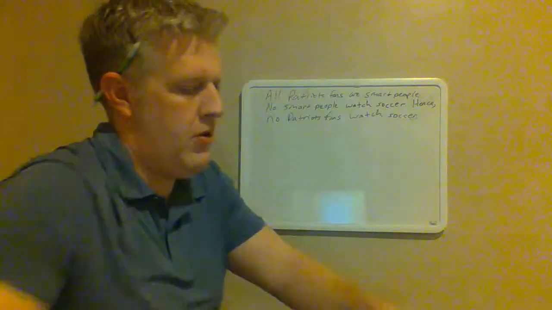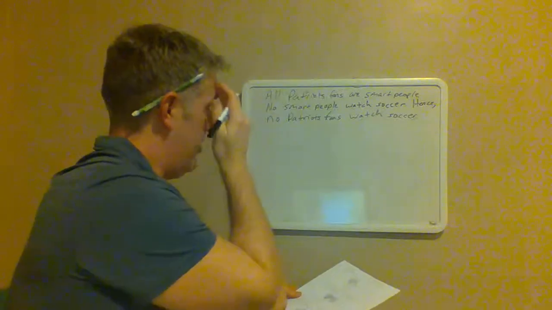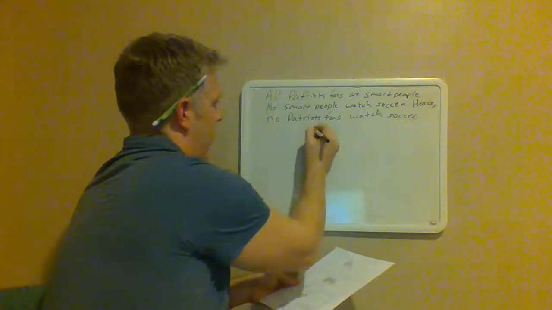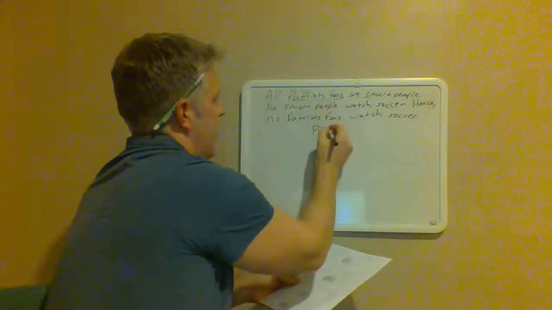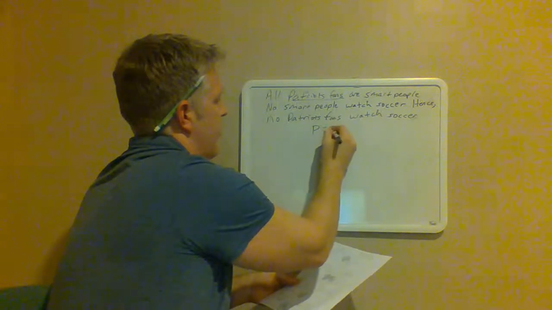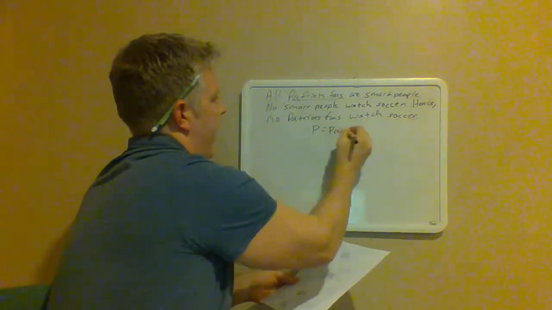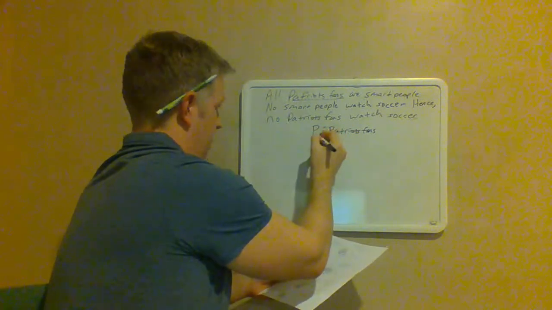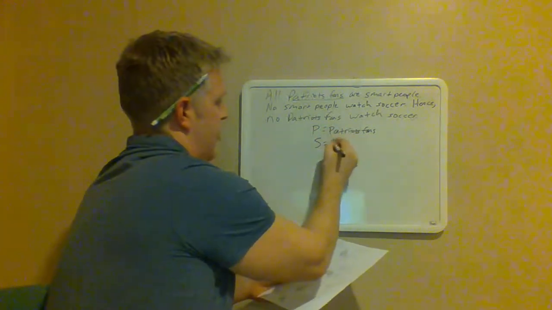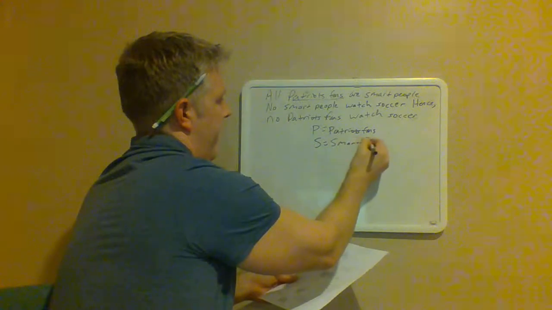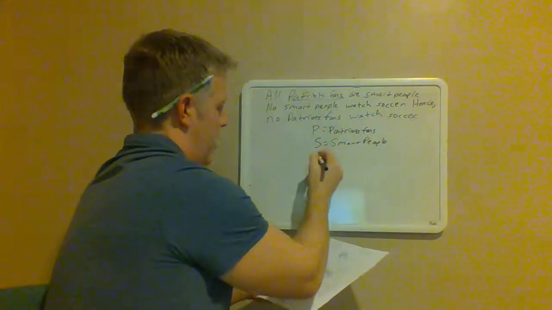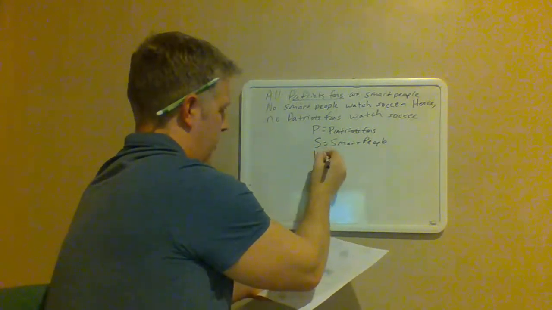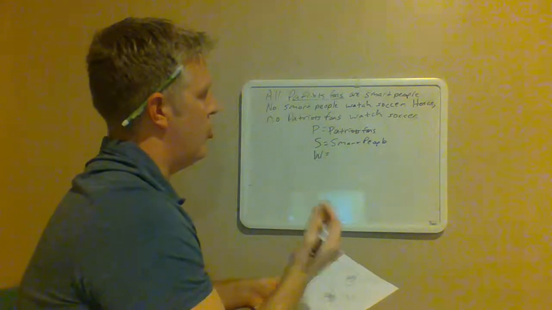Okay, now we want to develop a key here that will represent our different terms. So we have P for Patriots fans, that class or category of things. And we have S for smart people. And then we'll use W for people who watch soccer.